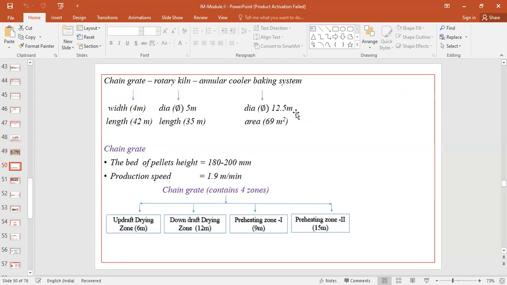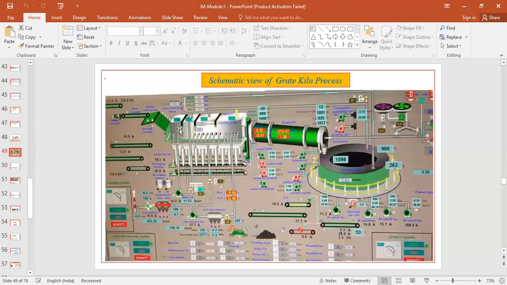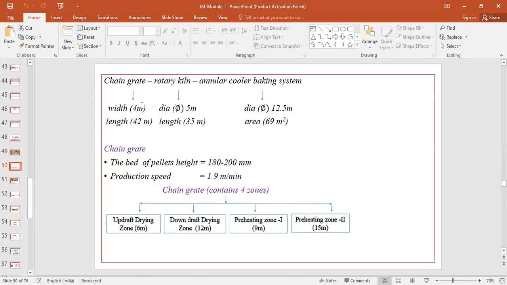Now we will see the dimensions of this Grate-kiln arrangement. The traveling grate, whatever we have seen here, the width of this entire traveling grate is approximately 4 meters, and the length is approximately 42 meters.